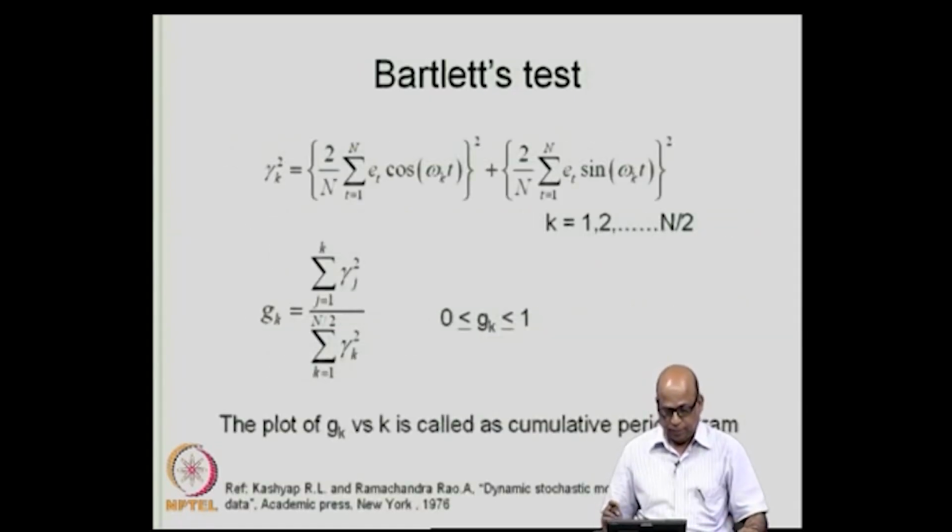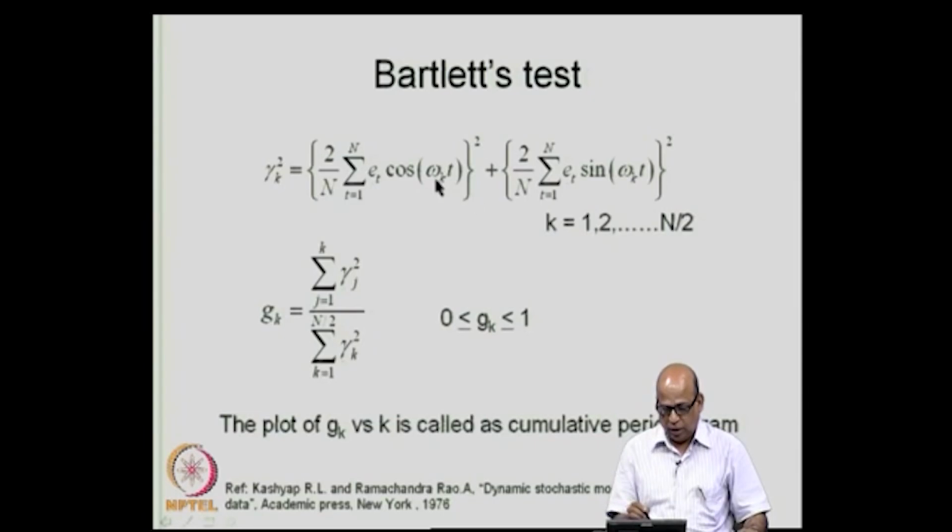as follows. We define gamma k for k is equal to 1 to n by 2. As I mentioned, this is a validation test. So, this is validation period. For the n by 2 values, you calculate gamma k square.